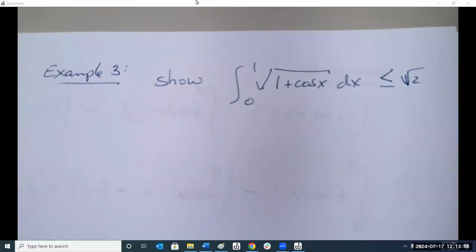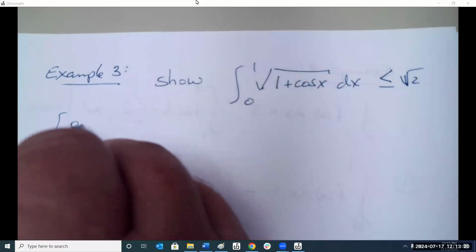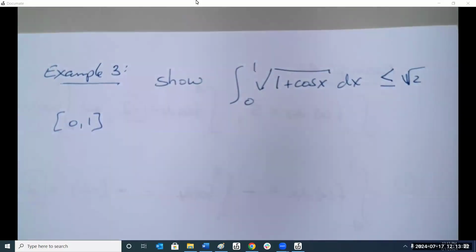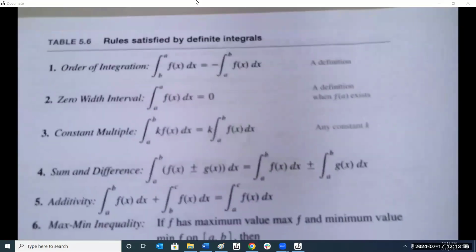So we're on the closed interval 0, 1. What do we know about these two? Which one of these properties can we use?